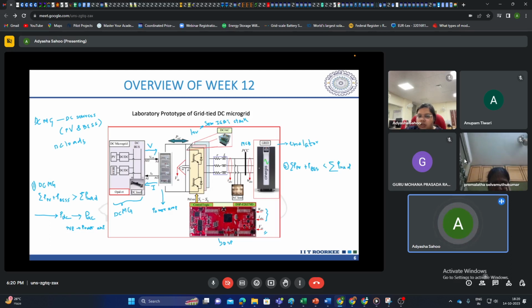So in this case, we noted that the deficit amount of power was fed by the AC side to the DC side, and this was noted by a negative sign for power in the power amplifier reading. So these two case studies were studied.